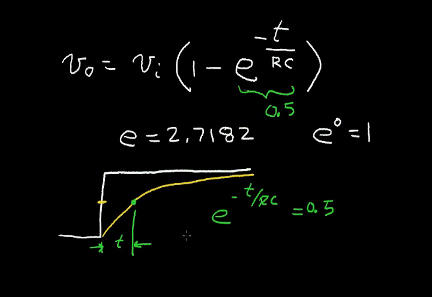So if we take the natural log of each side, I get minus t divided by RC is equal to the ln of 0.5.